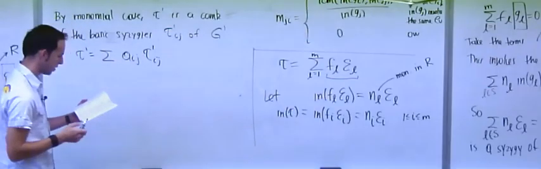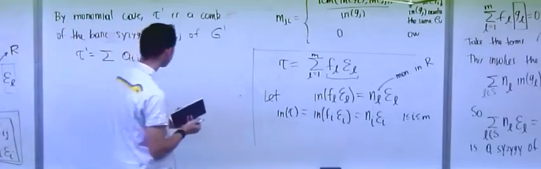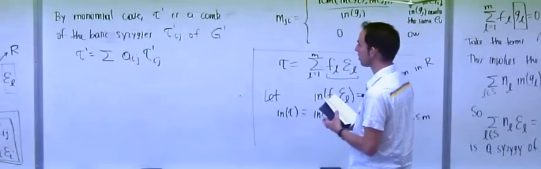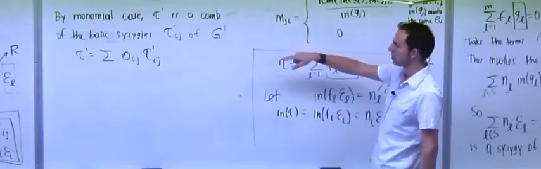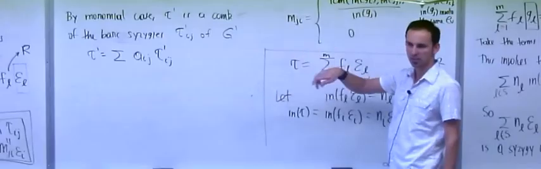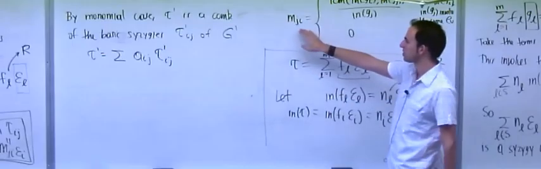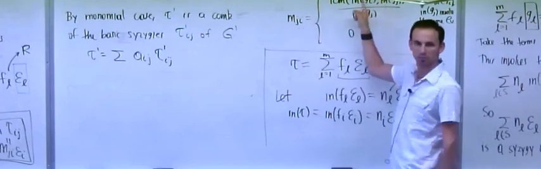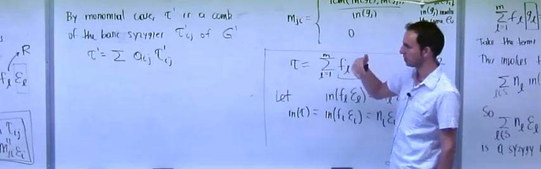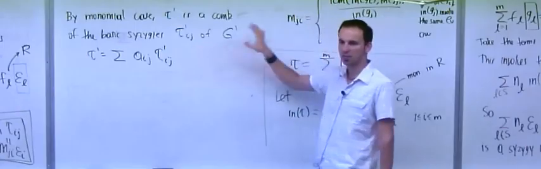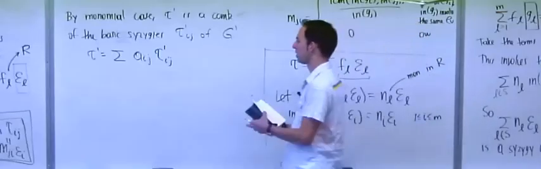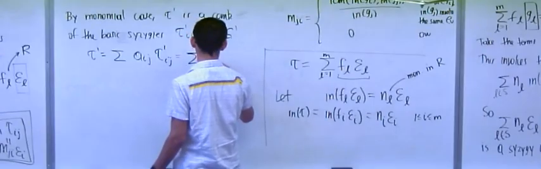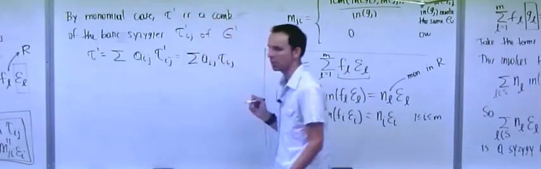So I get something that looks like this. Now, if you look at this for a second, you'll see that my definition of tau ij is going to be the same as the one for tau prime ij, because these coefficients that I paid attention to always refer to the initial terms. So when you plug into what tau prime ij is, you're going to get exactly the same definition here. It's going to look like this.